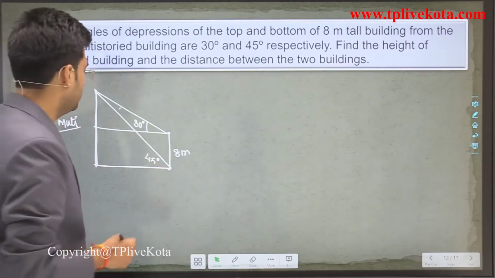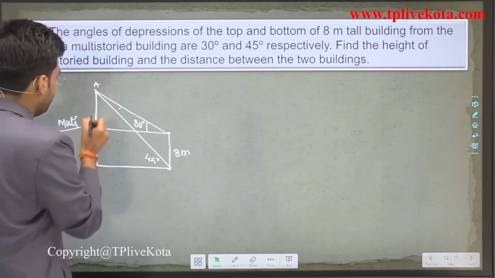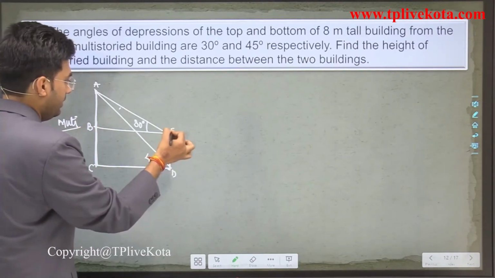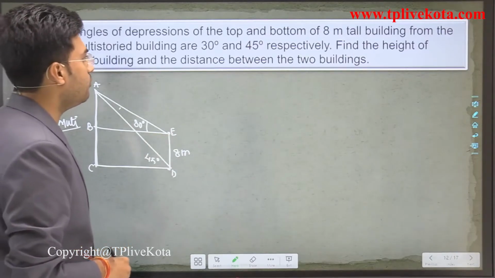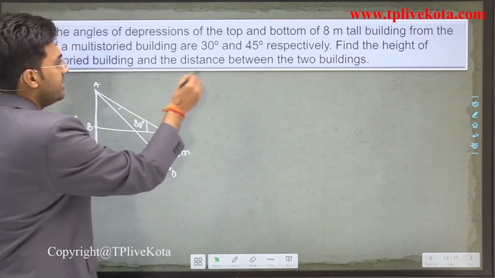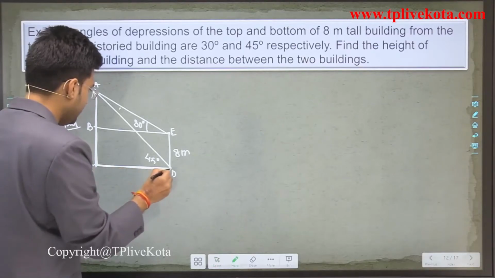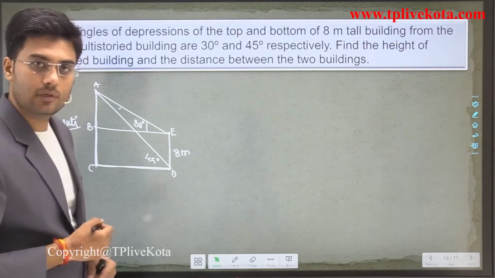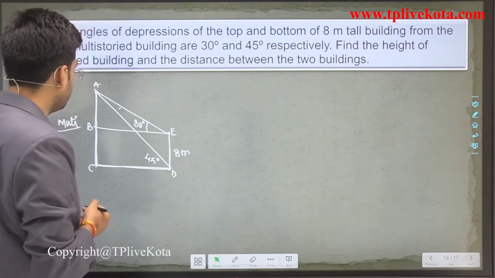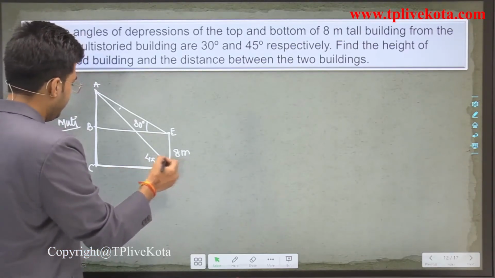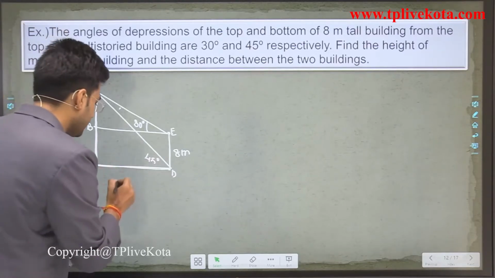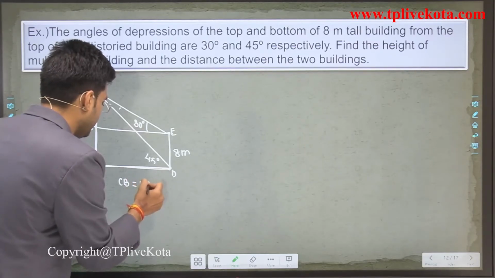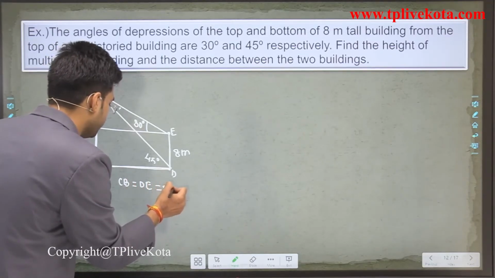Clear? So let this point be A, this is B, C, D and E. Here we have to find the distance between the two buildings, that is CD, and the height of the multi-story building, that is AC. If this is 8, then BC is also 8. Here BC is equal to DE and both are 8 meter.